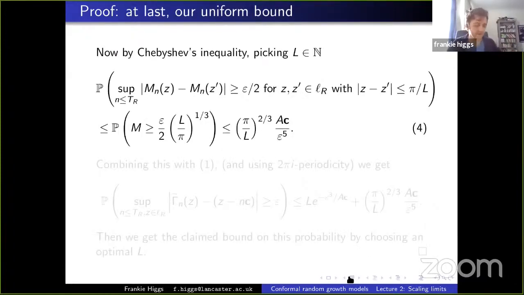Let's do a, this bit I do kind of want to explain because it's very hard to see how we finish the proof if I don't. So we've shown for given fixed points z that the probability that mn of z is large is small.